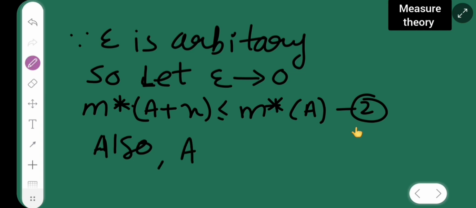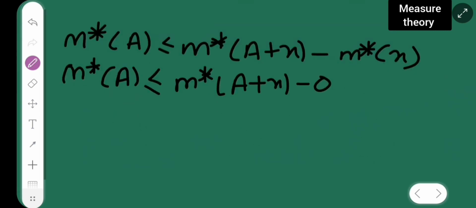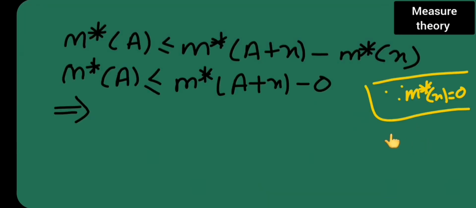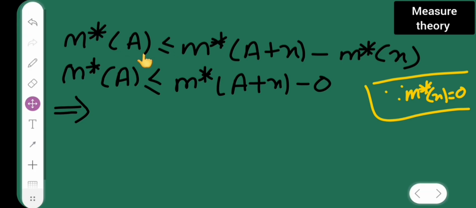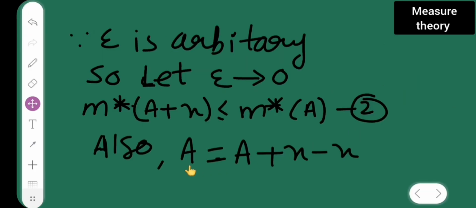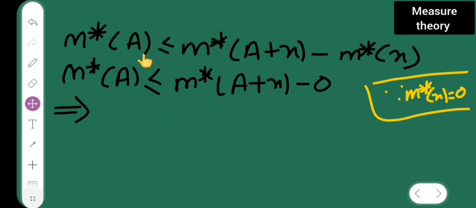A is equal to A plus x minus x. What I have done over here is, from here you can say m star of A, the outer measure of A, is equal to the outer measure of A plus x minus x. So the outer measure of A is less than or equal to the outer measure of A plus x plus the outer measure of minus x.